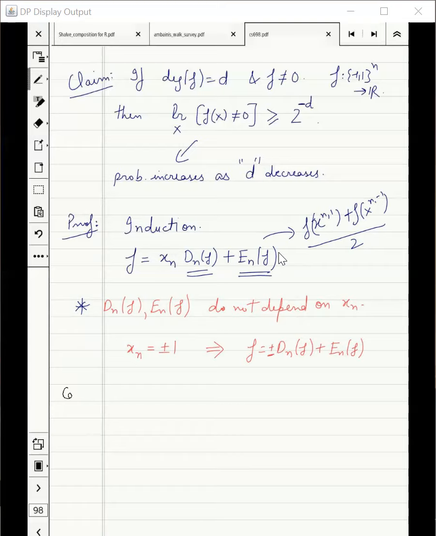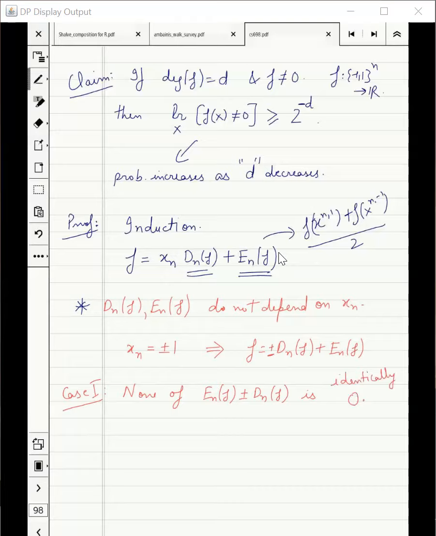Now, case 1, none of them is identically zero. They are not zero functions. Okay. If this is the case, then my claim is things are simple.